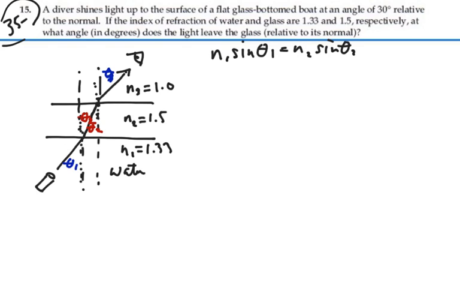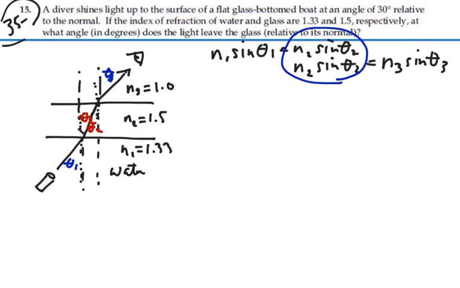But for the second interface, it would be true that n2 sine theta 2 is equal to n3 sine theta 3, and theta 2 is the same, so our middle term is the same for both of these. So we can actually cut that out and think of this as n1 sine theta 1 is actually equal to n3 sine theta 3.